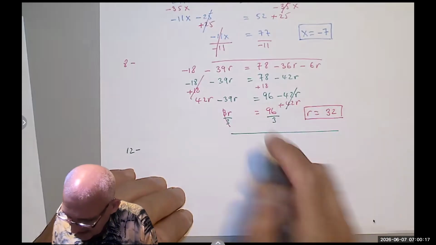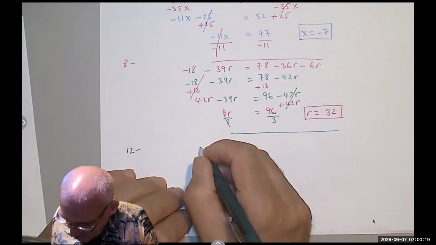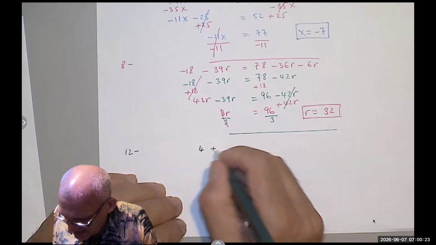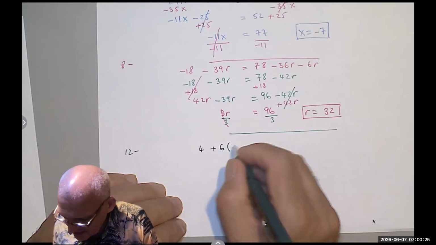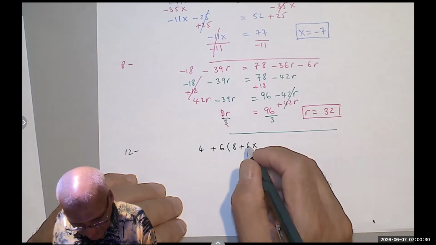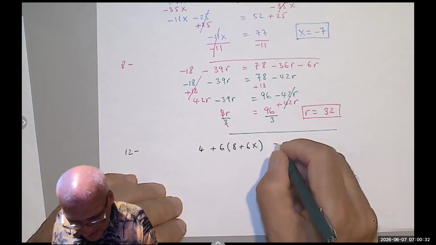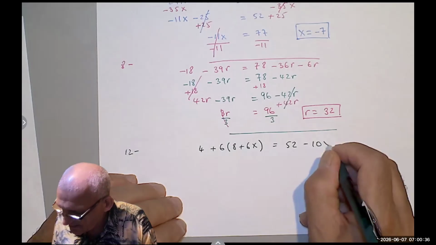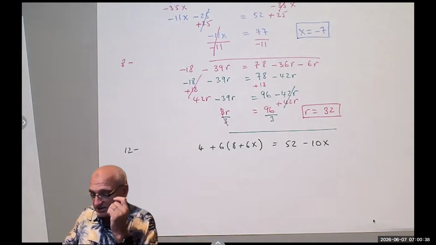Number 12 says, that's a new thing we haven't talked about, so we are going to illustrate it here. Plus 6, parentheses, 8 plus 6x equals 52 minus 10x. Oh my God, now it's complicated.